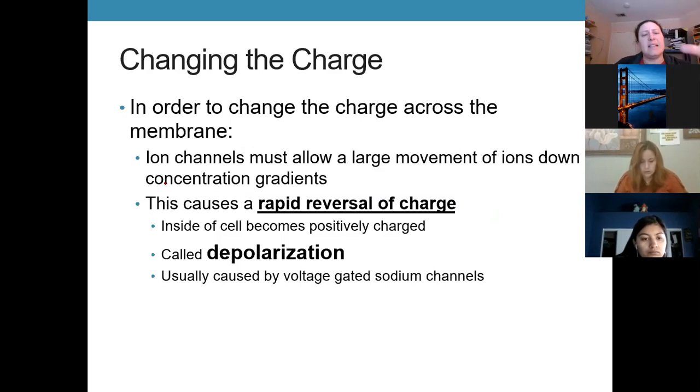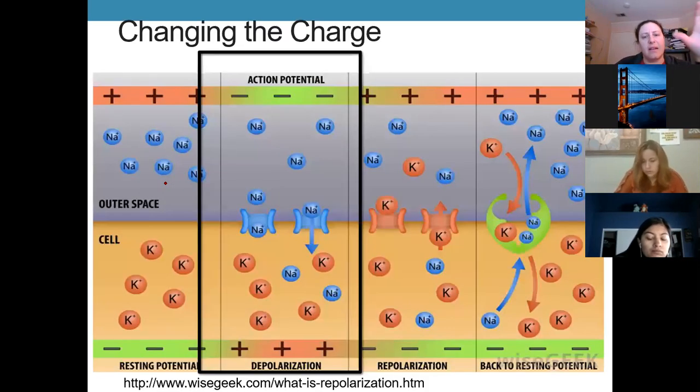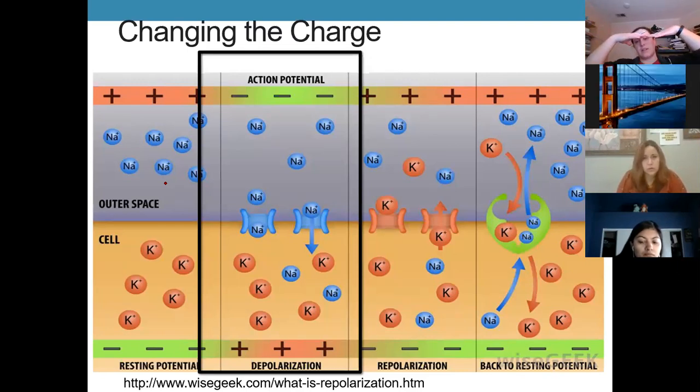The idea is that it's rapid and it's a complete reversal of charge. And again, it's only occurring across the membrane. The whole cell isn't doing anything. All of the extracellular fluid isn't doing anything. This is something occurring just across the membrane.